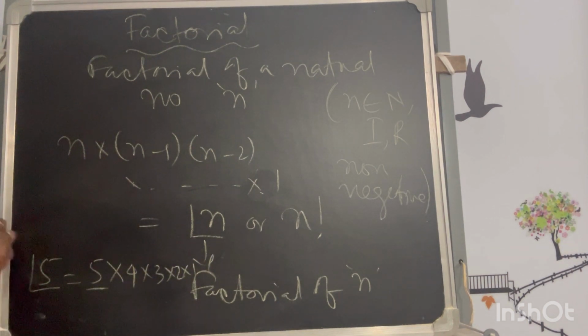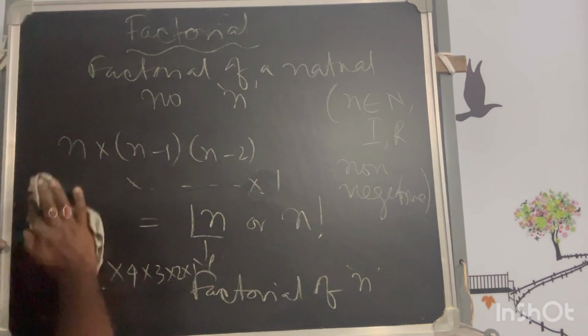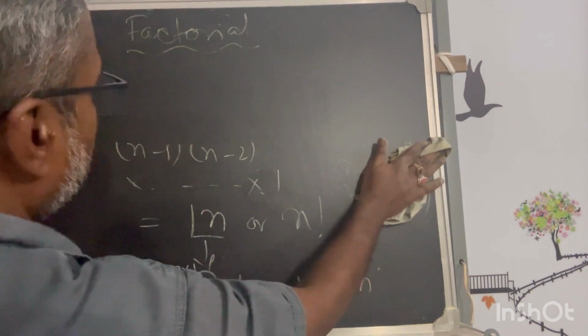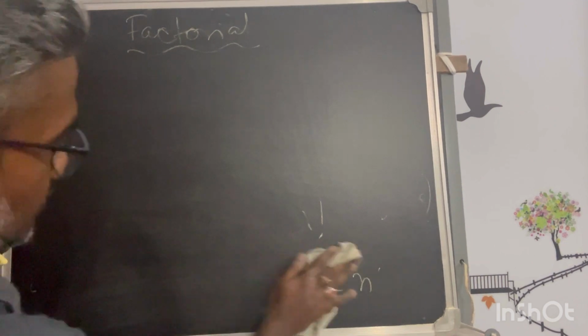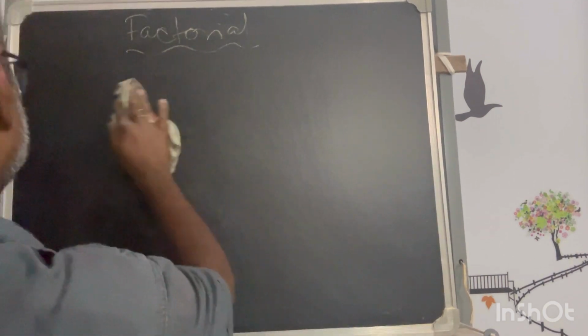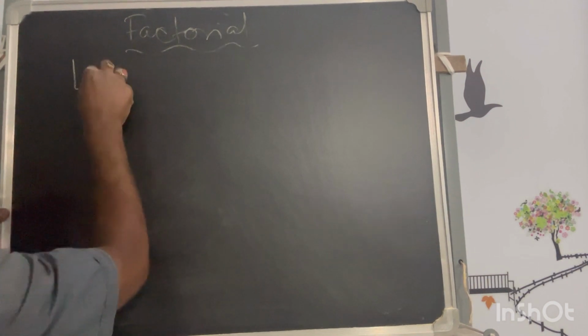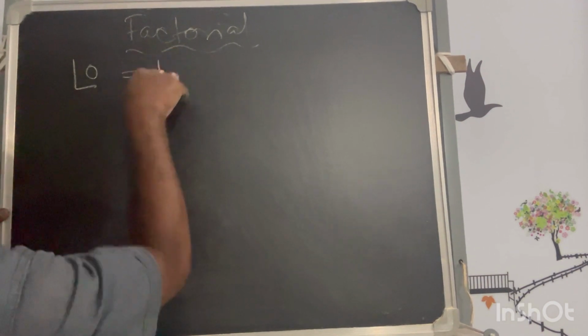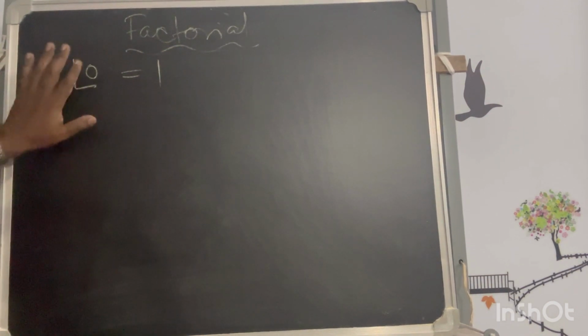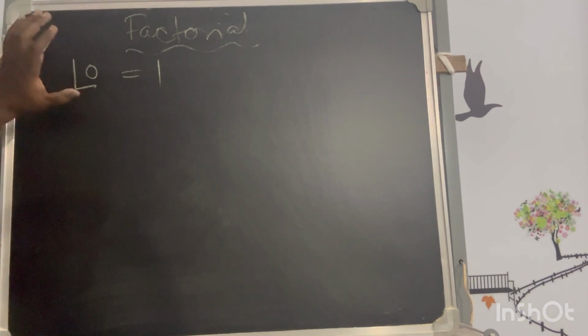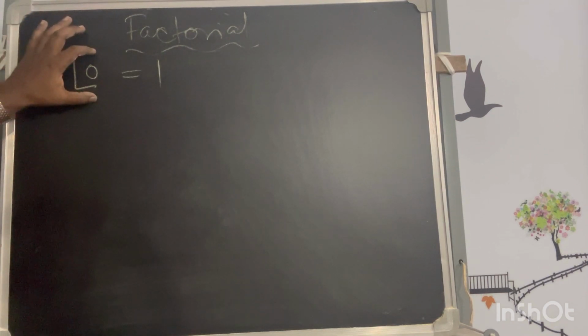Now one basic thing, or you can say the declaration that has to be made: factorial 0 is equal to 1. That conceptually has to be taken as 1.